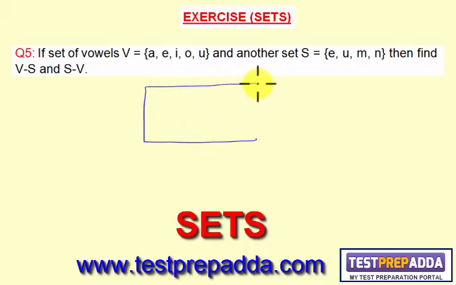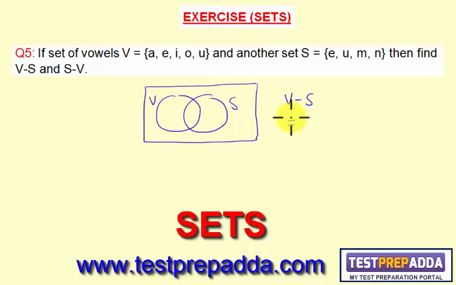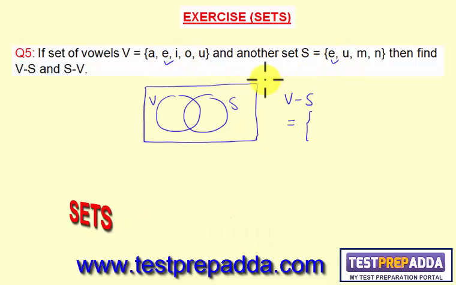If I draw the Venn diagram and take two sets V and S, V minus S is actually a set which has elements present in V but not in S. You can see E is there in S also, U is there in S also.